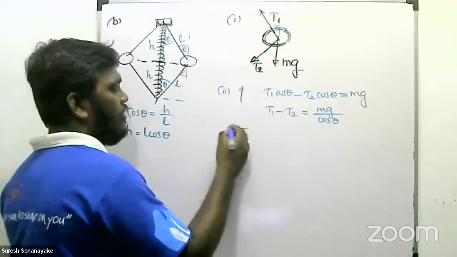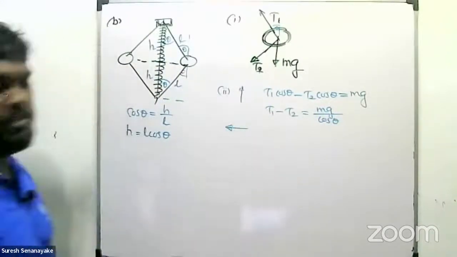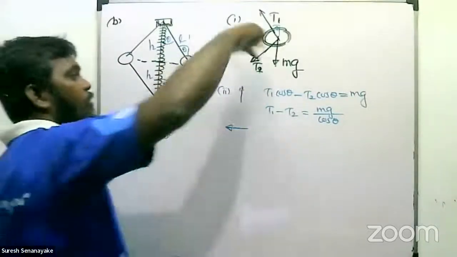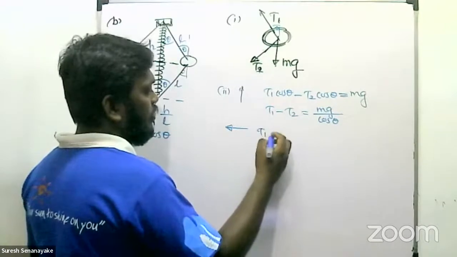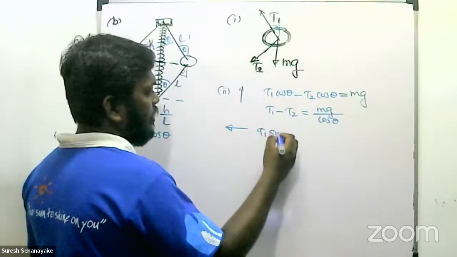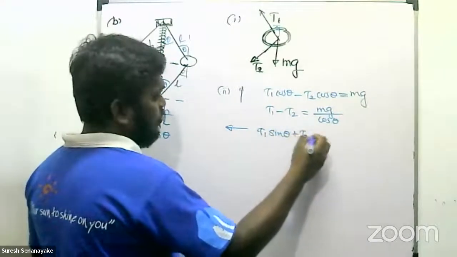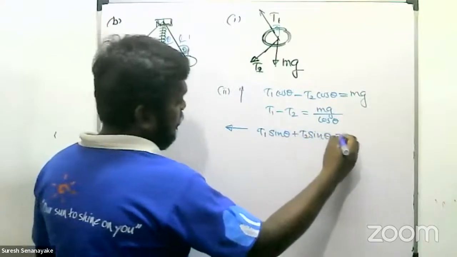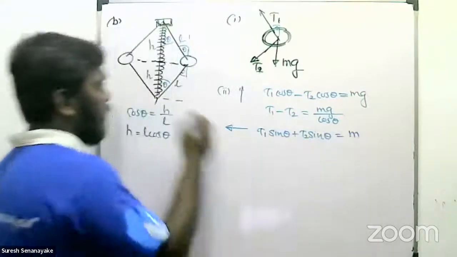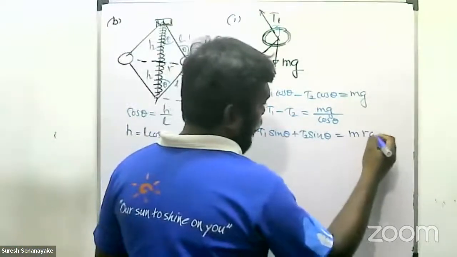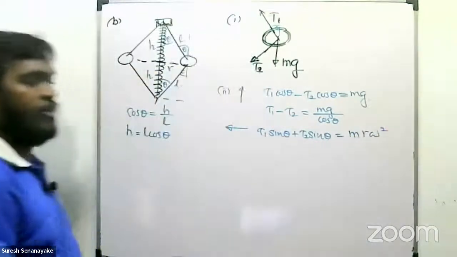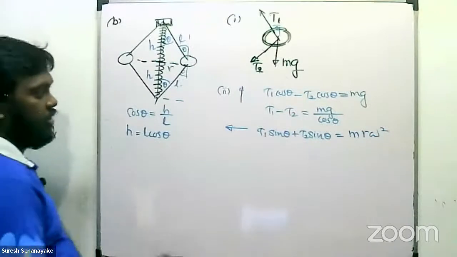And then apply F equals ma to the center because it's rotating now. So you can write T1 sin theta plus T2 sin theta equals m times the radius, this radius is simply r, m r omega square. That's the centripetal acceleration r omega square.